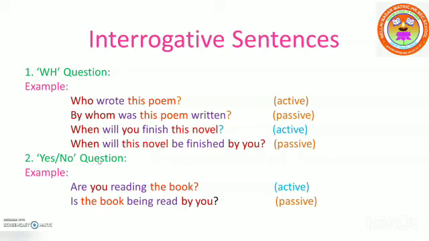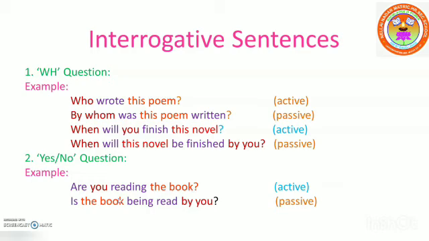Next, we will see yes or no questions. Example: Are you reading the book? Here, the yes or no question structure is that we should begin the sentence with an auxiliary verb, followed by the subject, and then the main verb, then the remaining words. The tense used in this sentence is present continuous tense.